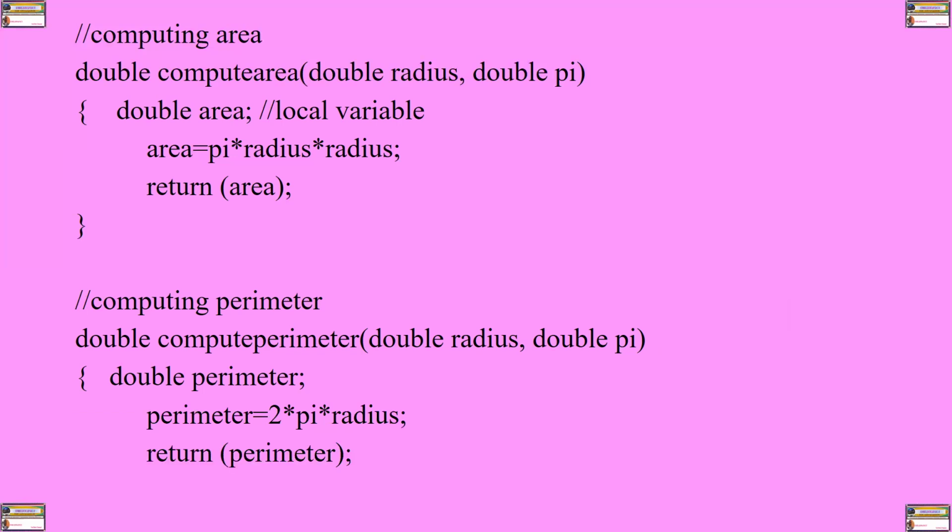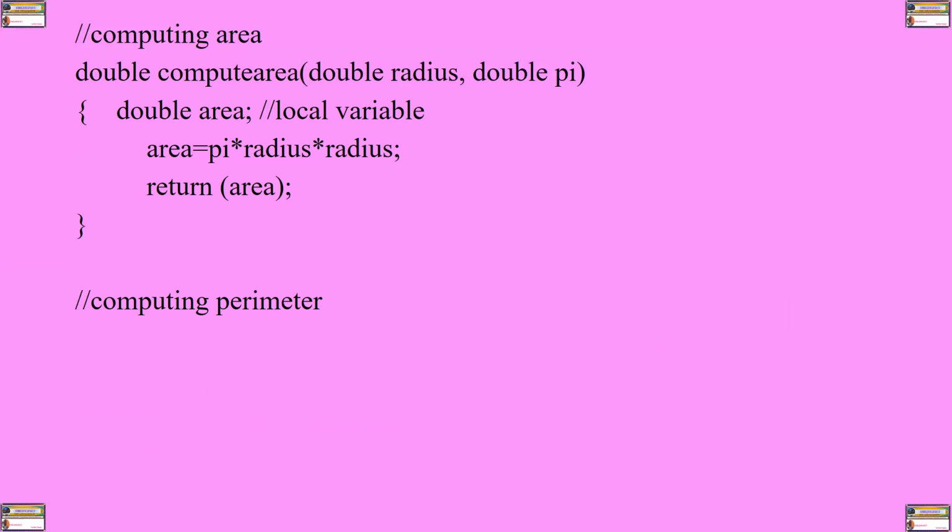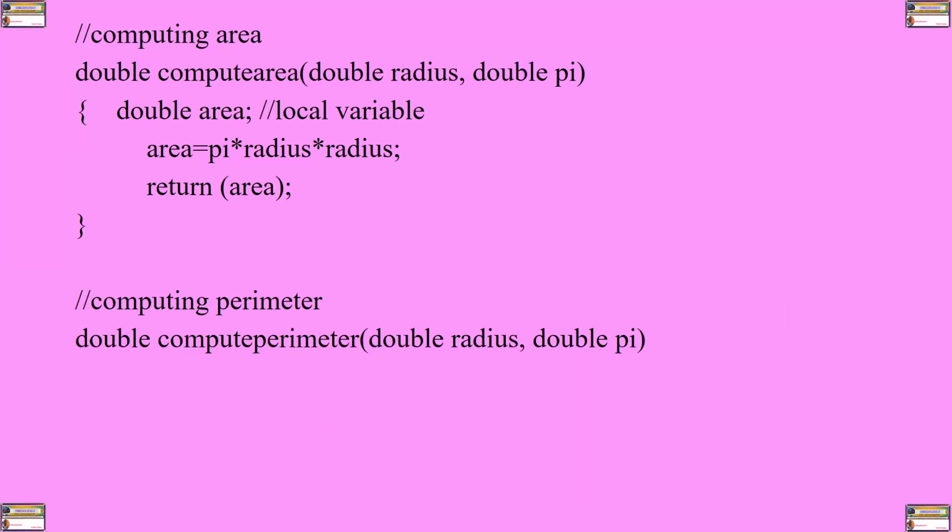And then this statement is telling the processor that this function should return the value held in the memory location called perimeter to the invoking function, which is the main function. As you can see, this value is of type double, and the return type for our function is also double.